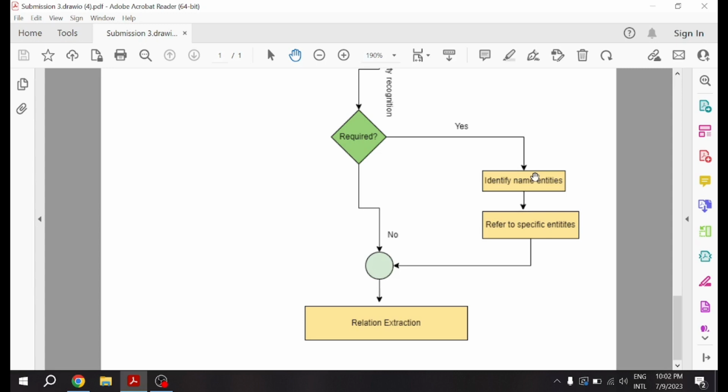Relation extraction is closely related to named entity recognition, as it relies on the extraction of named entities before extracting relationships between them. Once named entities are recognized, relation extraction focuses on analyzing the contextual information around these entities to determine the nature of their relationships.